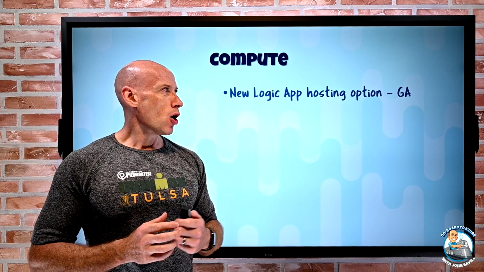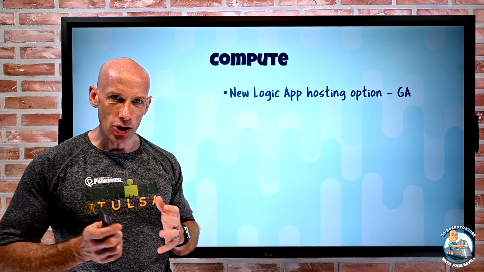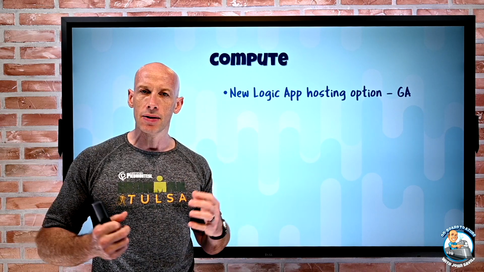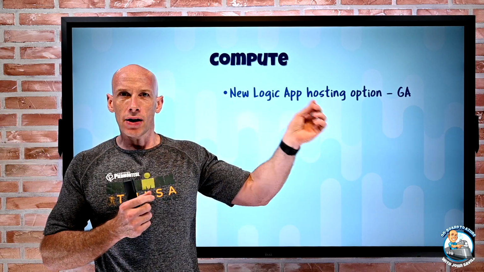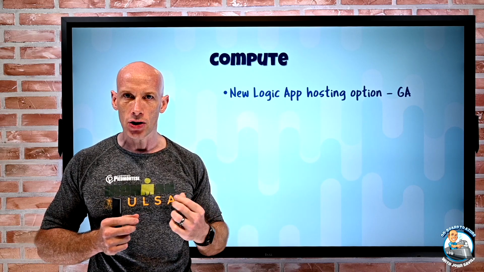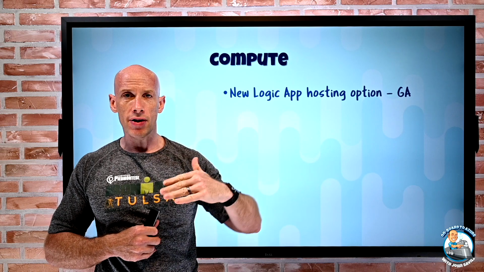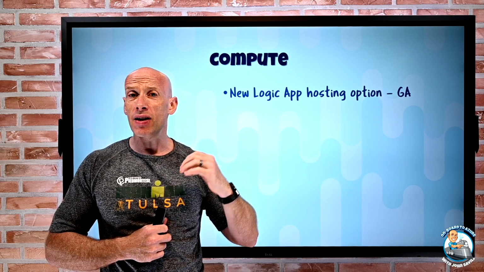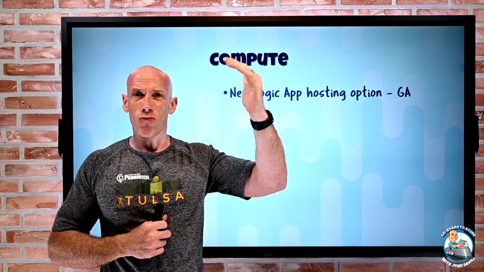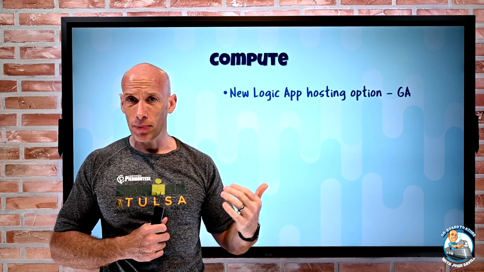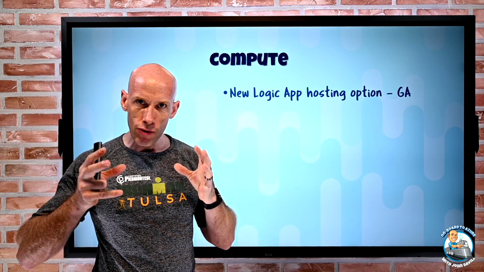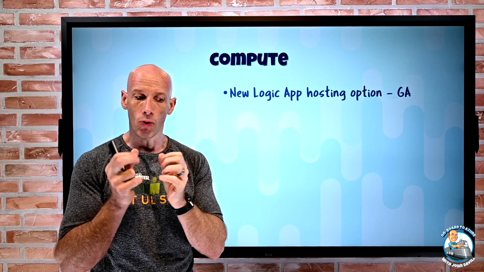New Logic App hosting options has gone GA. So Logic Apps are these great things where, through the designer, I can drag and drop sets of actions and I get this flow. It's triggered by something, and I can go through these various steps. Maybe something gets written somewhere, then it goes and writes something to Teams, it goes and does something else. But it always ran in its own hosting platform.